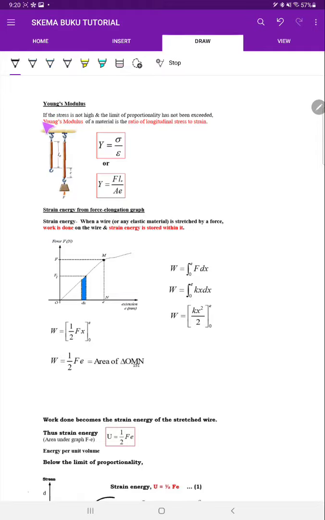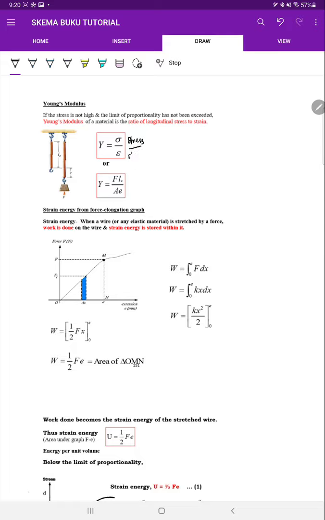Okay, Young modulus: if the stress is not high and the limit of proportionality has not been exceeded, the Young modulus of the material is the ratio of longitudinal stress to strain, meaning Y, capital Y, equal to stress per strain.